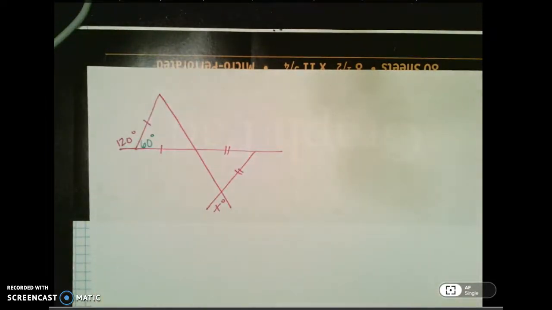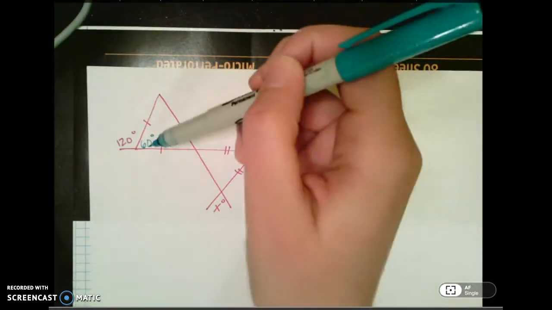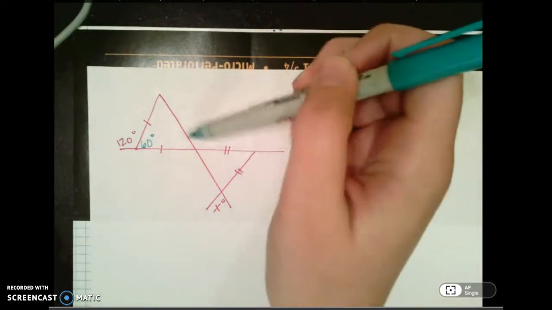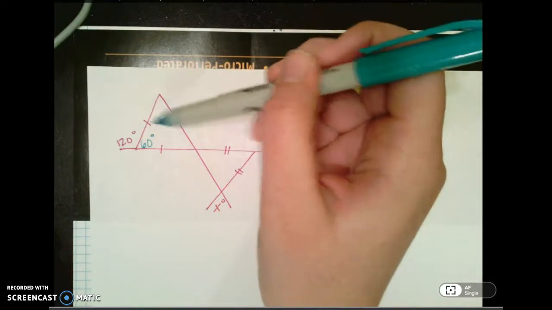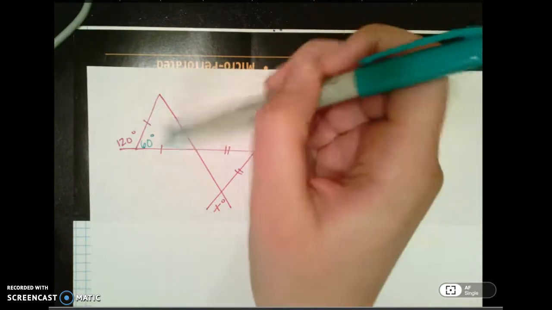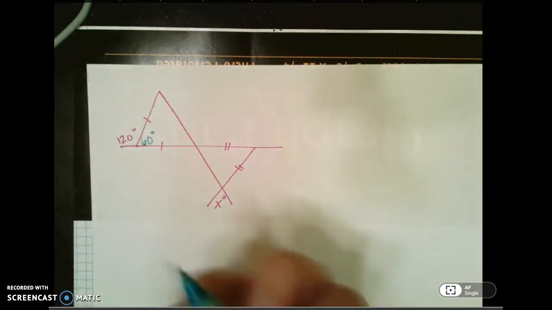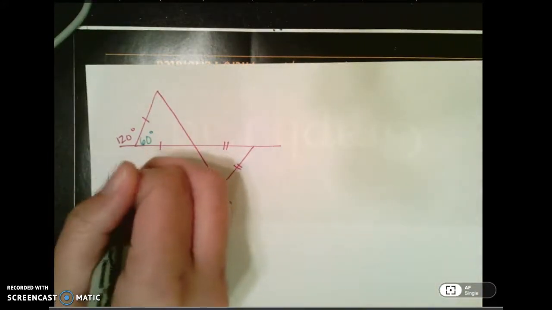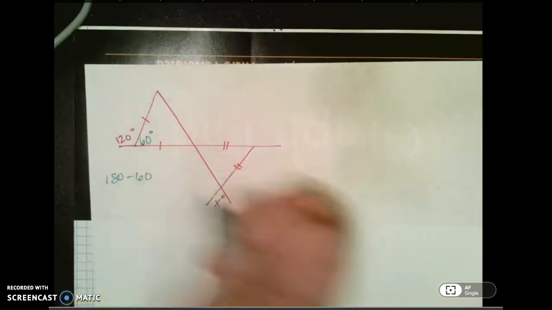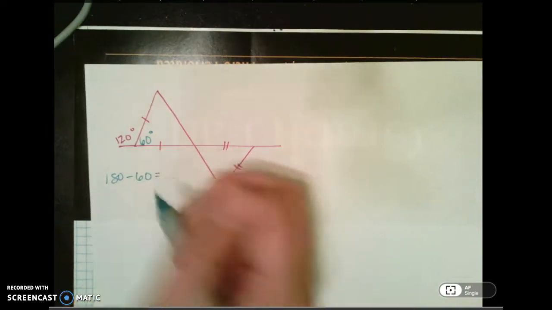Excuse me. Now, if I know that this one's 60, these two have to be the same. Reason is because they're opposite of the congruent angles. So if I do 180 minus 60, it gives me 120.